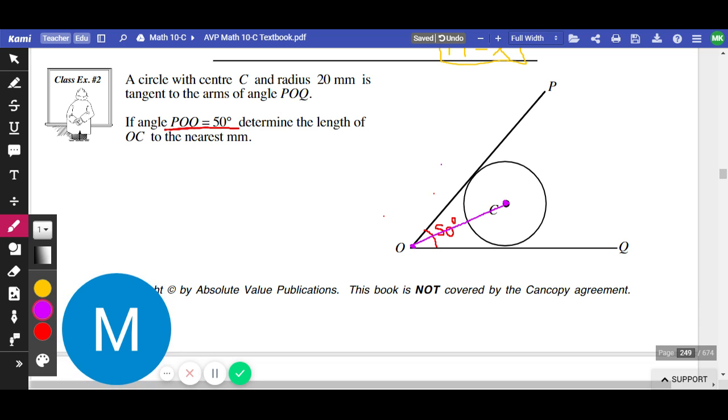All right. This part right here is why I really don't like the question. Radius of 20. Does anyone remember what the word radius means? From the center of the circle to the outside, right? So that means if I went from here to anywhere on the outside of the circle, it would be 20. That's how we're going to create our right angle triangle. We're going to take this and we're going to go straight down.